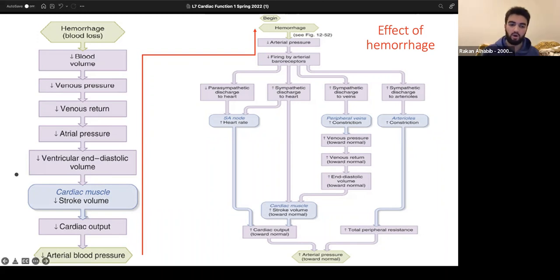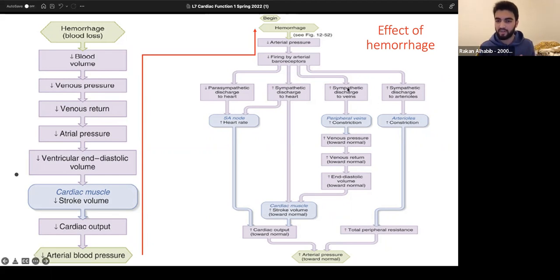Now, I will have decreased firing of the baroreceptors, just like the stimulus in response to standing up. You're going to have an increase in sympathetic discharge, which causes more contractility of the heart and higher heart rate, so that I could pump more blood.